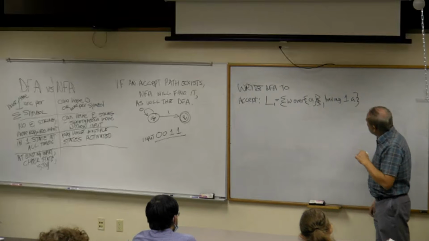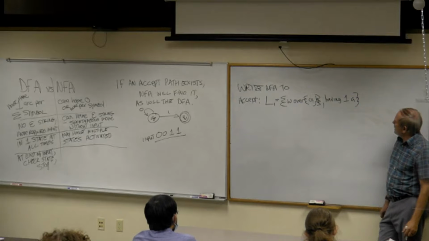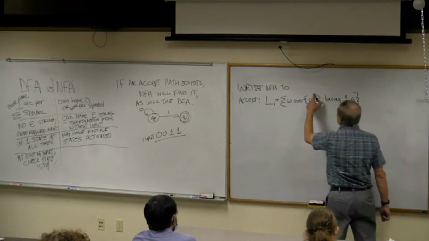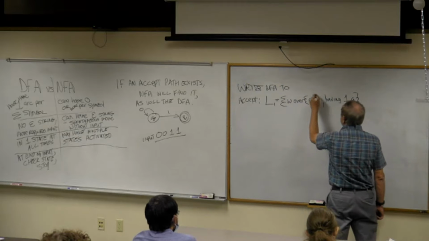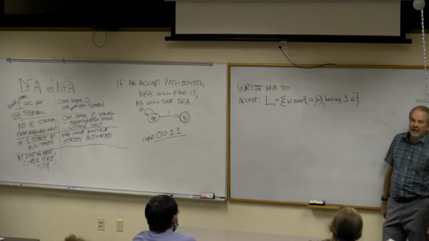Okay, so we have some things implied there. The alphabet is A, comma B, and we're saying we have exactly 1A.